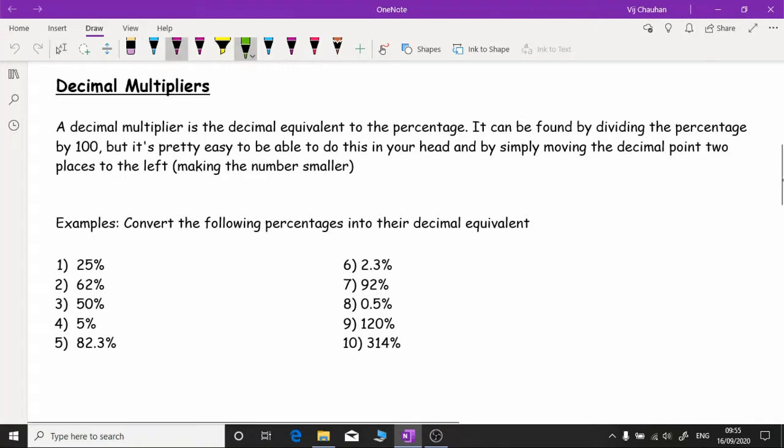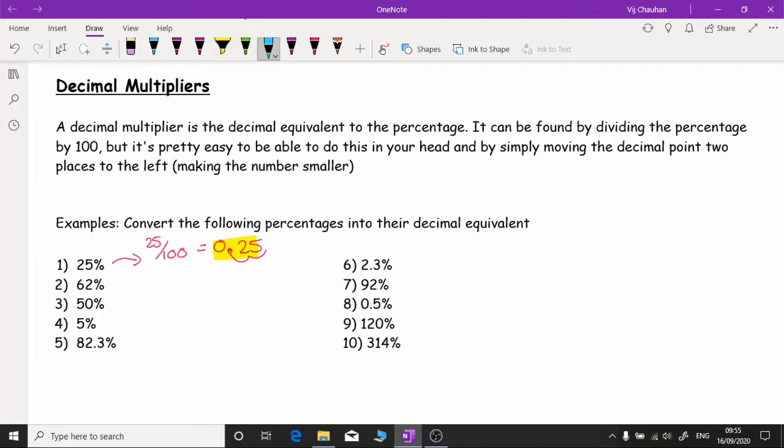You will spot a common pattern in this. In this case, we're going to convert 25% into a decimal. Theoretically I'm doing 25 divided by 100, so I start with 25 and move the decimal point 2 places, giving me 0.25, and that is your decimal equivalent.